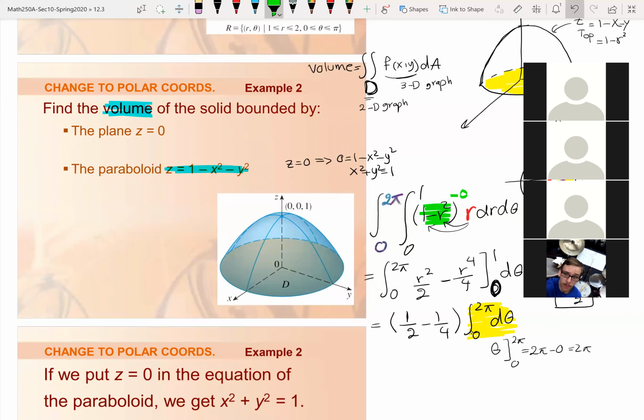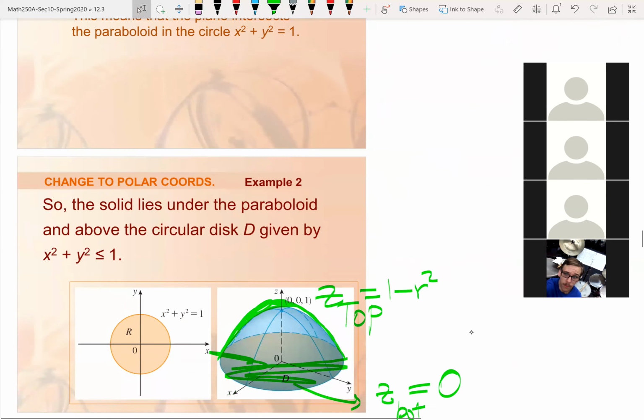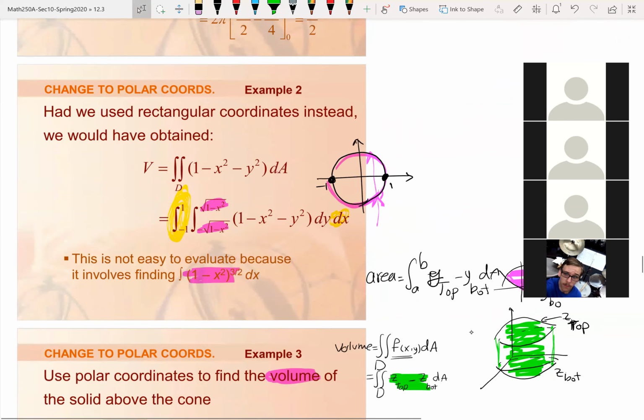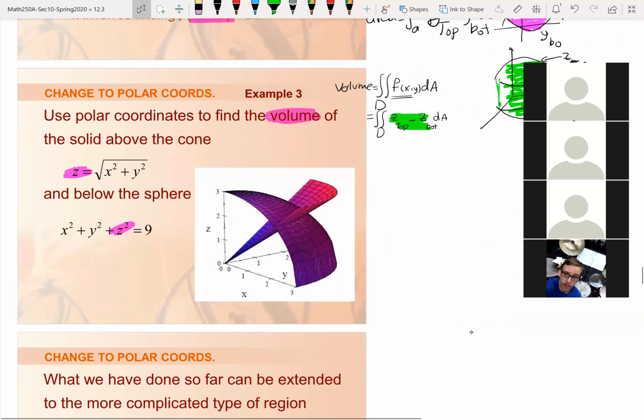I don't have to worry about the bottom of my surface, because it was 0. So that was just one surface given to you. But here, since two surfaces are given, you have both of them. Whatever is bigger is sitting on top, whatever is smaller is sitting on bottom, and you have to subtract to get the volume between. Okay, does it make sense by now?